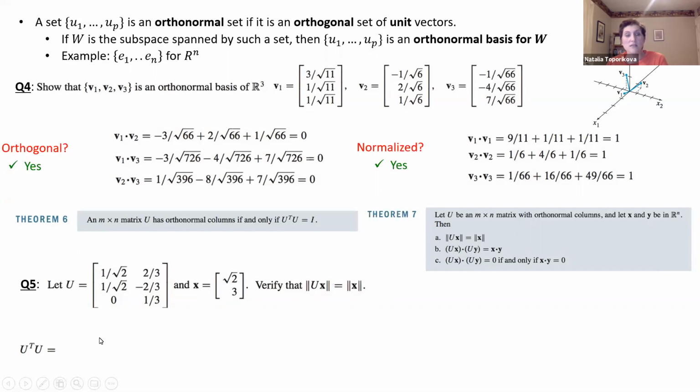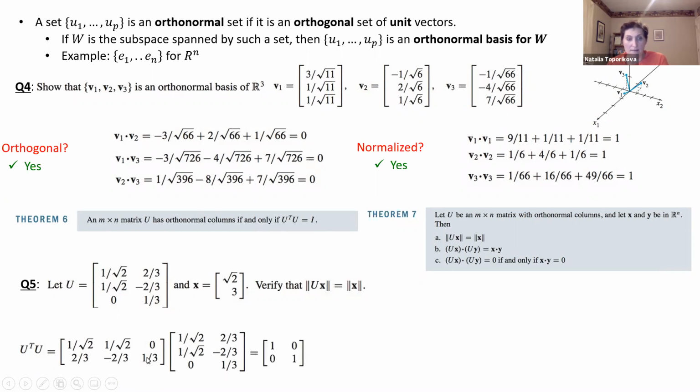Let's start from our matrix U. You probably should not be convinced that it indeed has orthonormal properties. So let's take our matrix U, transpose it, and multiply by matrix U itself, and see what kind of matrix we get at the end. You can carry out the calculation and confirm that indeed we have an identity matrix. So the theorem 6 seems to be holding.